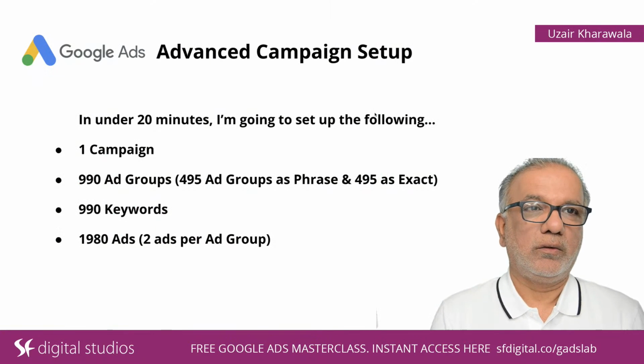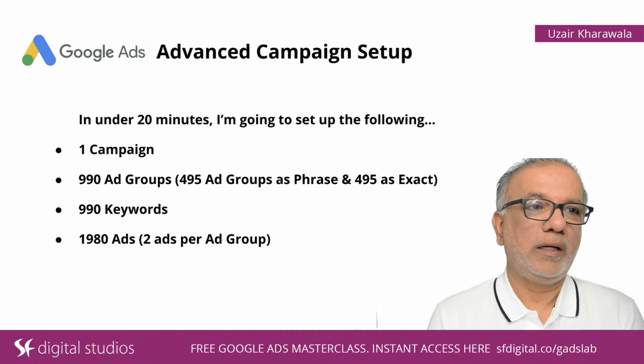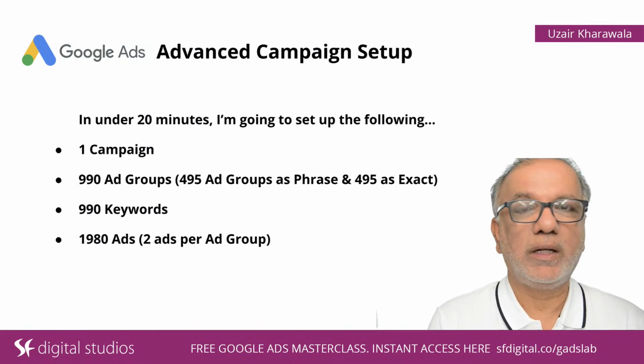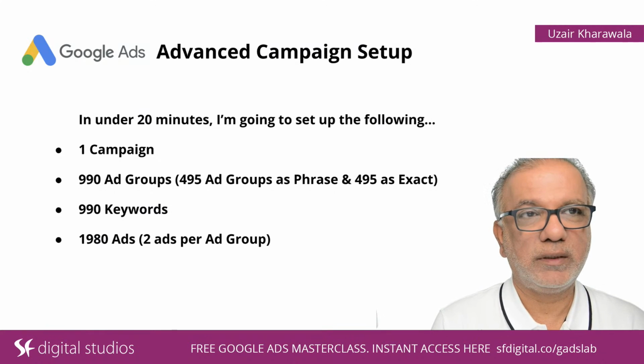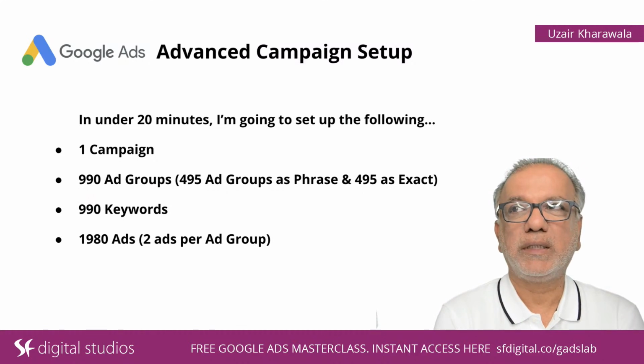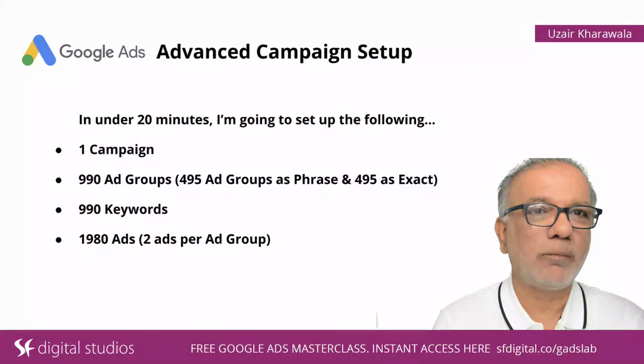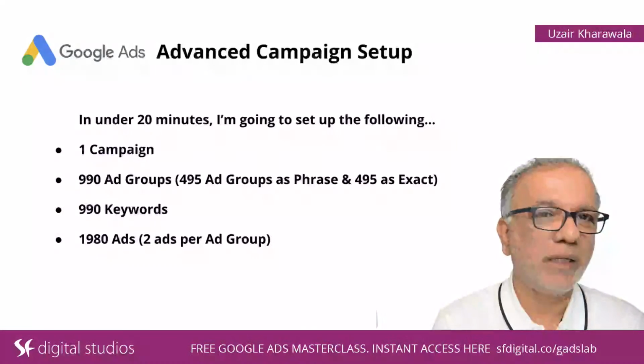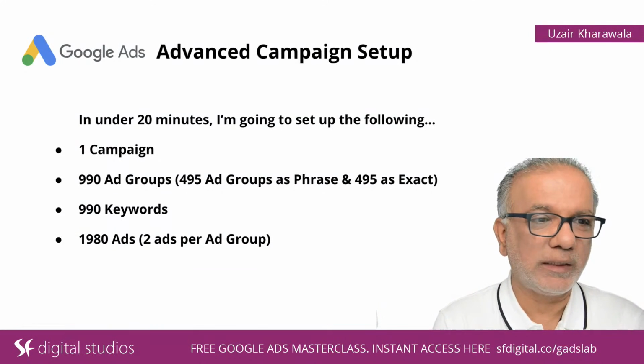It is going to be a fairly advanced Google Ads campaign setup. This is not your normal campaign setup where you throw in a couple of campaigns, a few ad groups and keywords and write a couple of ads.